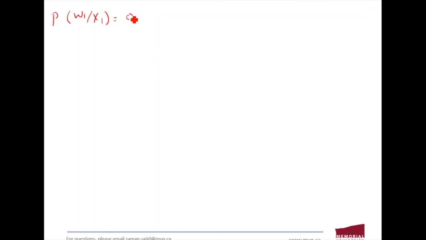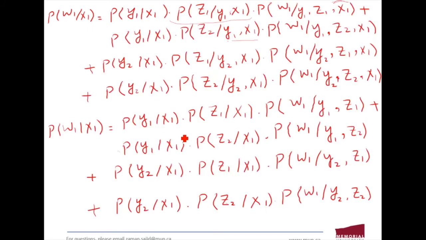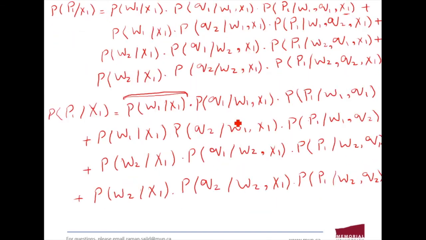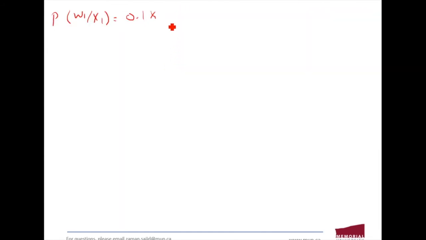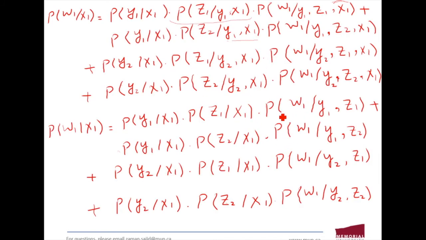This should be 0.1 multiplied by, we need the probability of the Z1 given that X1. We go back to our network again. So we need the probability of Z1 given that X1, which is 0.2 here, multiplied by 0.2 multiplied by the last term is the probability of W1 given that Y1 and Z1.